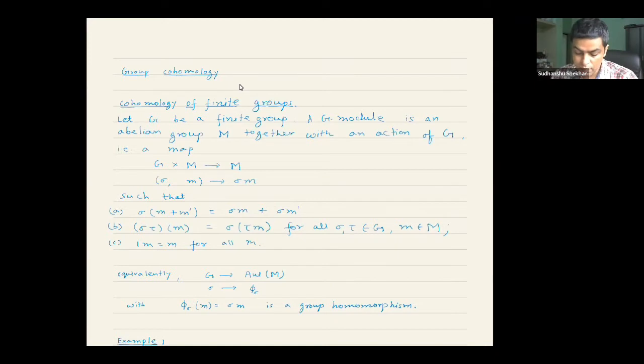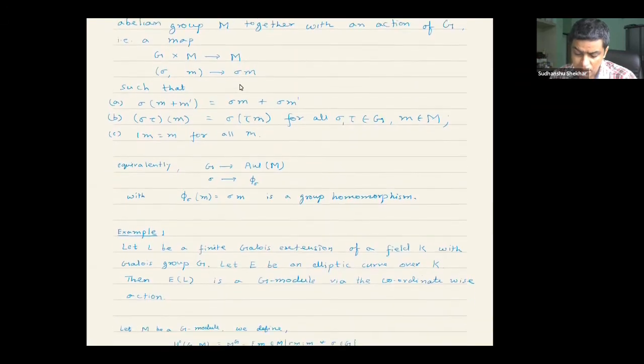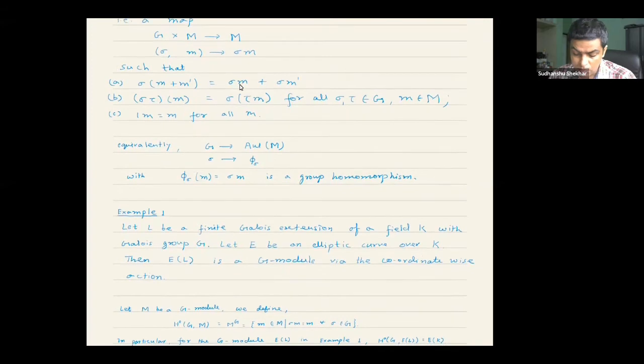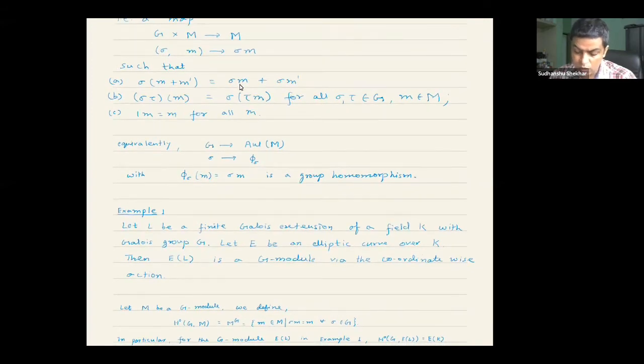So if these 3 properties are satisfied for this map from G cross M to M, then we say M is a G-module. Equivalently, we have a group homomorphism from G to the group of automorphisms of M.